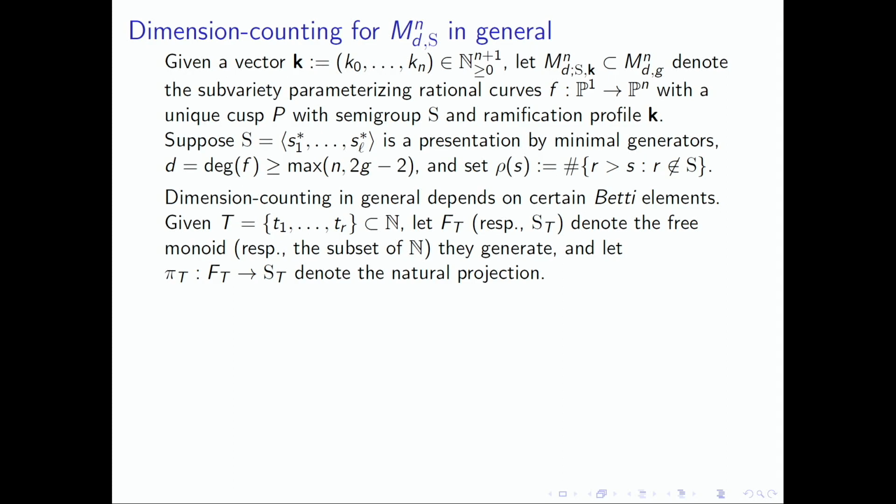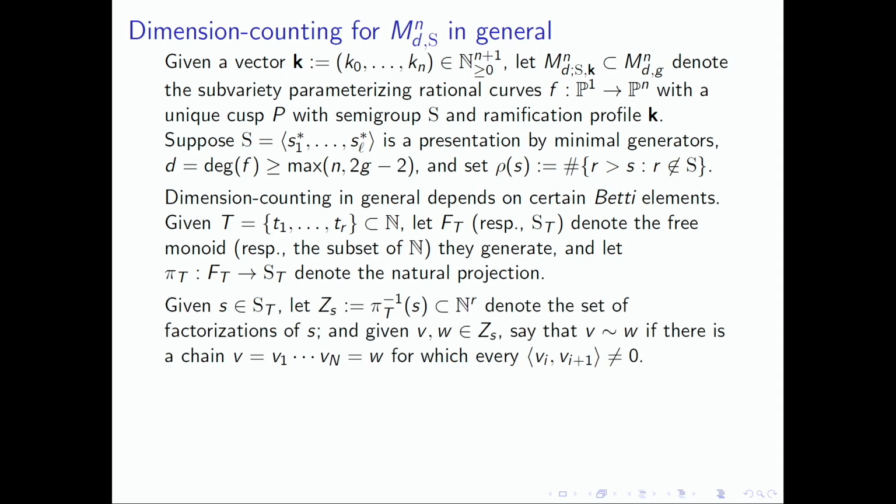So how are these things defined? The way you should think about them is as elements that have at least two qualitatively distinct factorizations. How do you make that precise? Well, one way is the following.